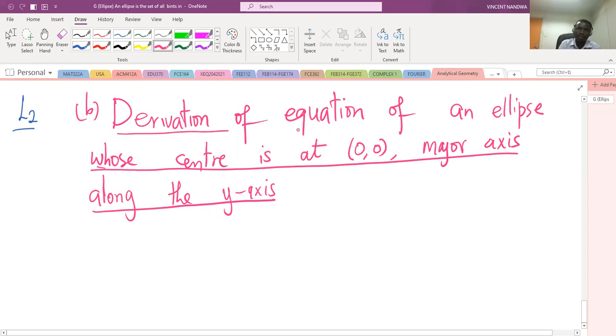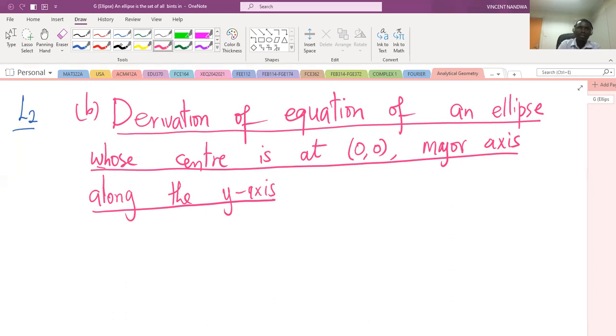So please, if you have not watched the derivation of the equation when the major axis is along the x-axis, please watch it before you watch this.